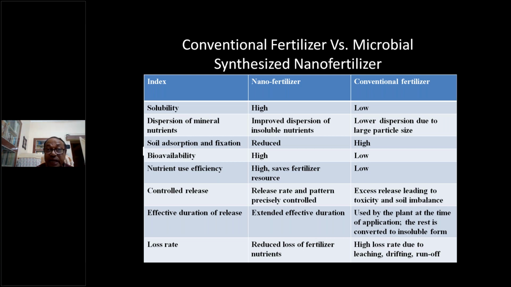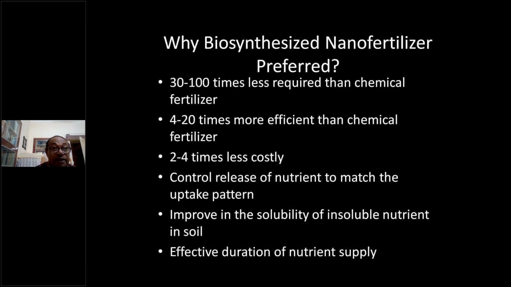Controlled release: you can precisely control the release rate and pattern, with extended effective duration and reduced loss of fertilizer nutrients. So why do we prefer biosynthesized nanofertilizer?